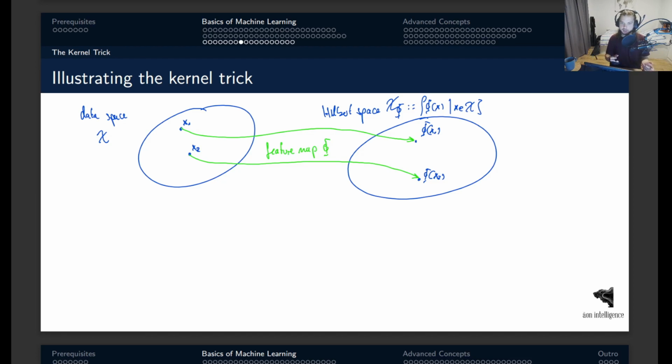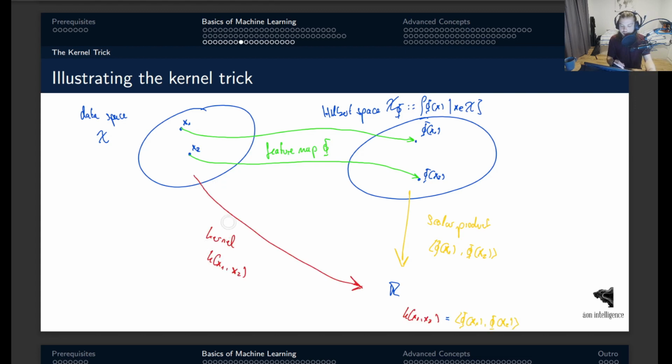That's the idea. And in order to run our linear regression, we have to evaluate the scalar products of feature mapped observations. This operation yields a scalar, hence the name scalar product. Now the kernel trick is actually skipping this intermediate step of mapping into this higher dimensional space explicitly.